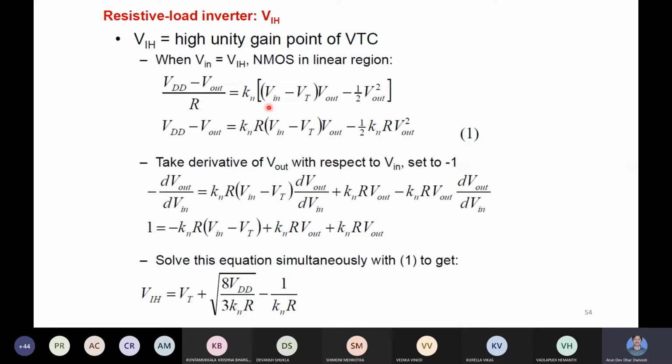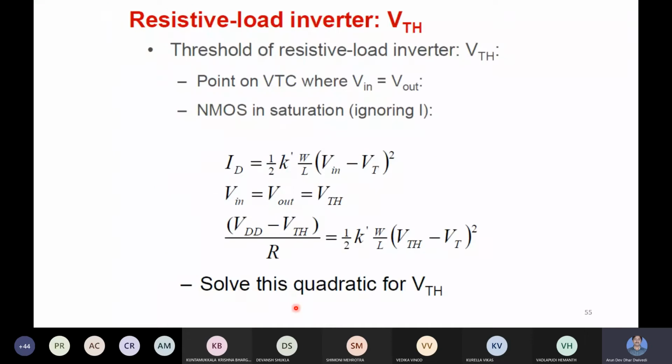So the ID current of the NMOS transistor is equal to the load current, (VDD minus Vout) by R. Further solving it, and taking the derivative dVout by dVin and putting it equal to -1, we are able to find VIH equal to this much. So this is just the idea that the resistive load inverter can also work as an inverter, but it is not swinging from 0 to VDD. It has some problem.